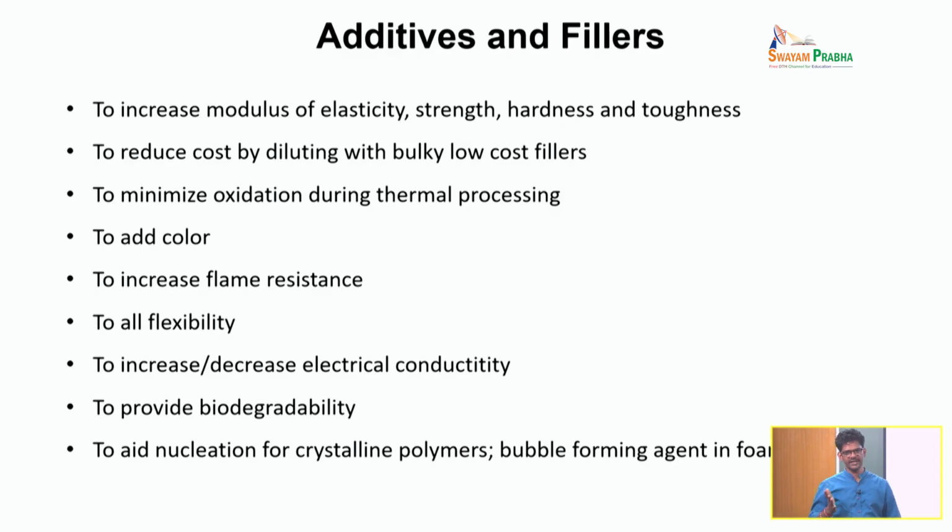Now this lists all the reasons why we would need fillers and additives. There are different reasons. Many times the polymer as such may not have adequate strength or the mechanical properties that you need, right? So they add an additive to enhance the Young's modulus or elastic modulus of the polymer material. Sometimes you want to increase the strength, toughness, or hardness, depending upon the application.